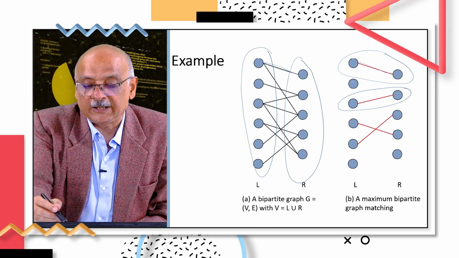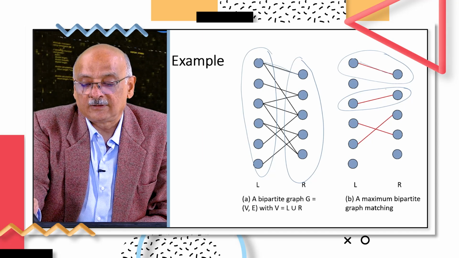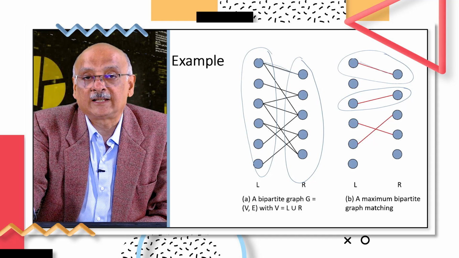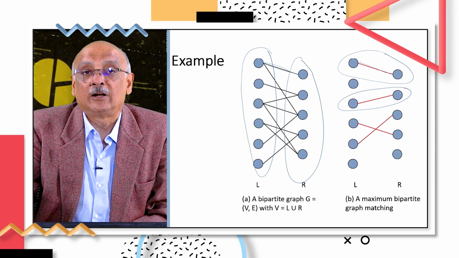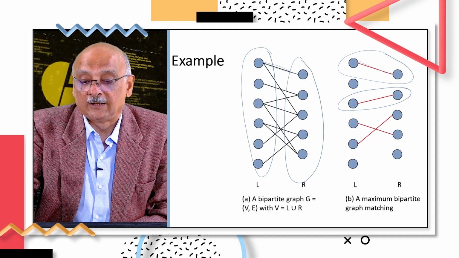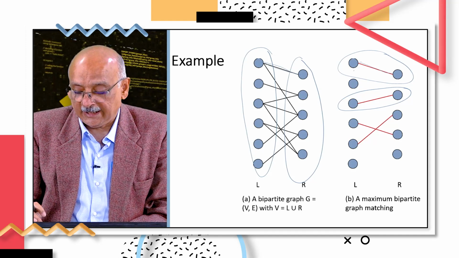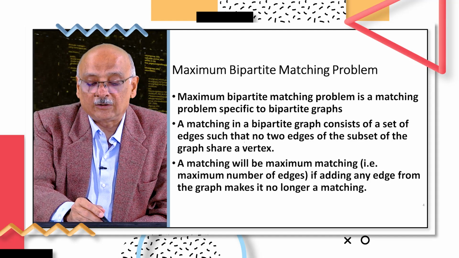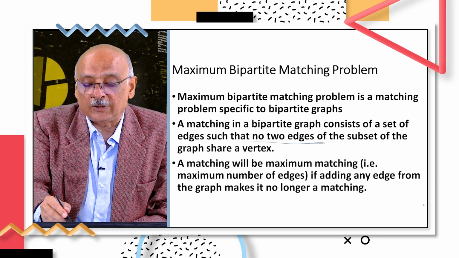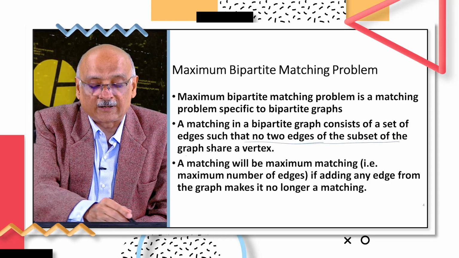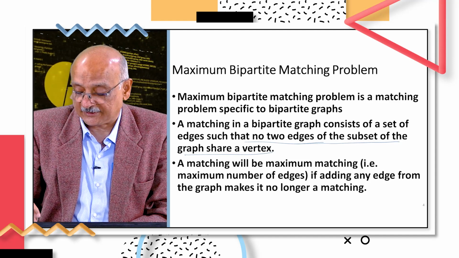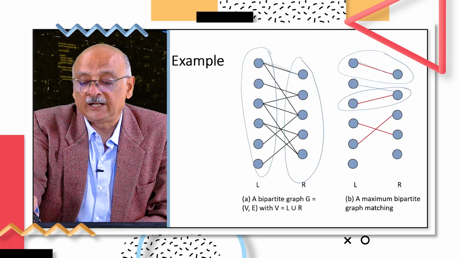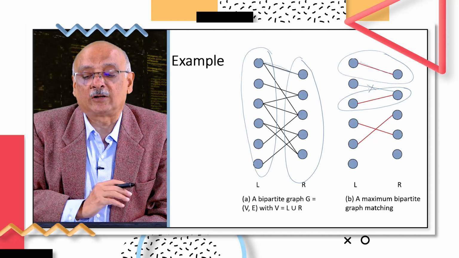Now, for this particular node, there cannot be any matching, because if I add that, then the matching nature is gone. Because in a bipartite matching, what we have said is that no two edges of a subset of the graph share a vertex. Once we start doing this, it is sharing the vertex, which is not allowed.